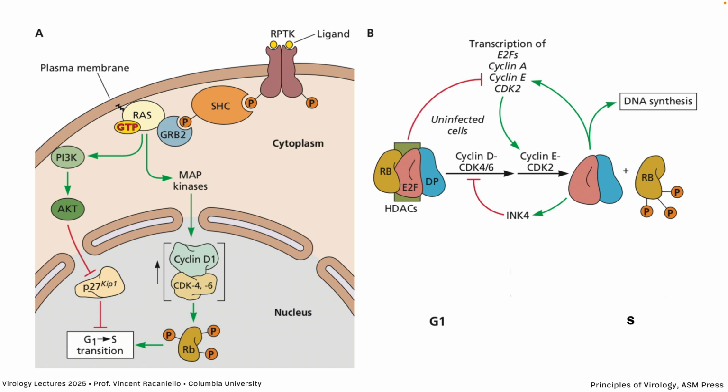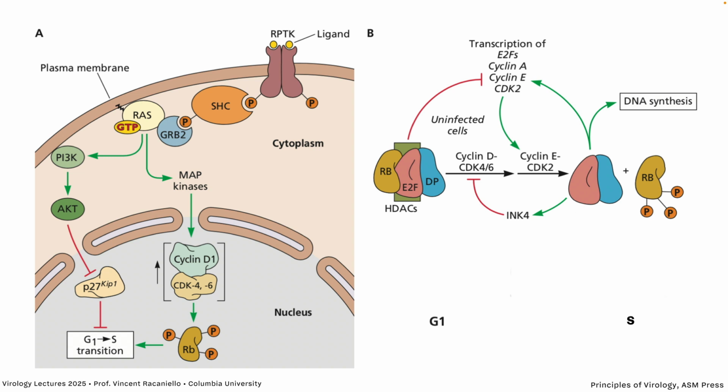So 2 signals here, the growth factor receptor-driven signal driven by oncogenes, like RAS, and a signal driven by RB. So you can see down here, RB is phosphorylated, and that lets the cells divide.